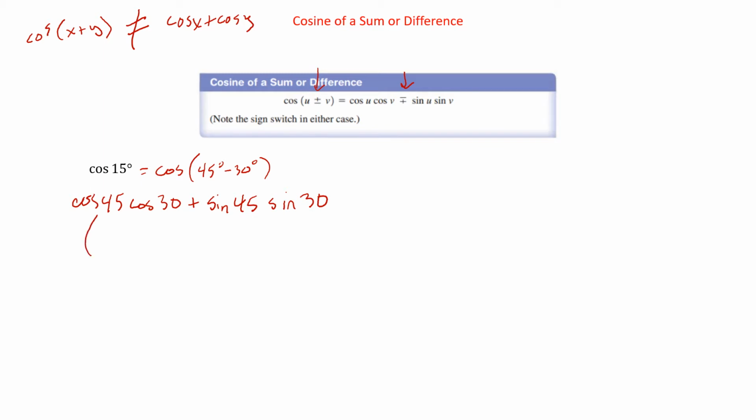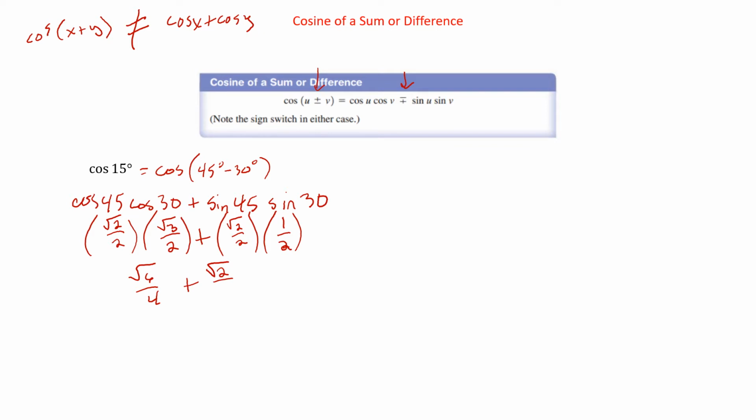Cosine of 45 degrees is root 2 over 2. Cosine of 30 is root 3 over 2. Plus sine of 45 is root 2 over 2. Sine of 30 is 1/2. We can multiply the roots. That gives us root 6 over 4 plus root 2 over 4.